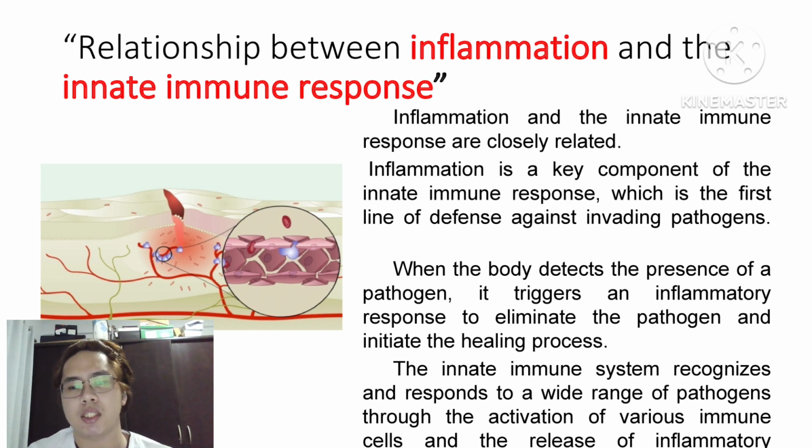The body detects the presence of the pathogen and triggers the inflammatory response to eliminate it, and then the innate response helps the healing process. The innate immune system also recognizes and responds to a wide range of pathogens in the body through the help of various immune cells and the release of inflammatory mediators that occur when inflammation is happening.